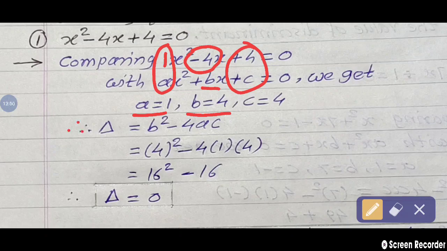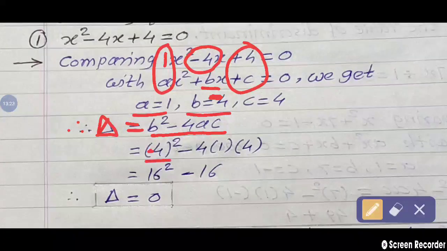Therefore, discriminant delta is indicated as b square minus 4ac. Substitute the values. The value of b is minus 4, so write the minus sign here also, in brackets. Minus 4 square minus 4ac.